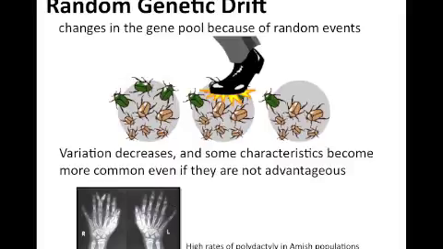And so once a mutation arises, and in this case for polydactyly, or having more than 5 fingers on a hand, it's not an advantageous gene, but it's not necessarily disadvantageous either, but it becomes more common in the population just because the gene pool is really small. So sometimes these characteristics can become fixed because random genetic drift decreases the overall gene pool variation.